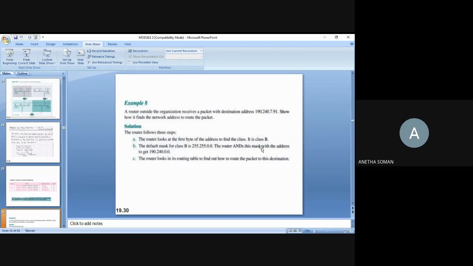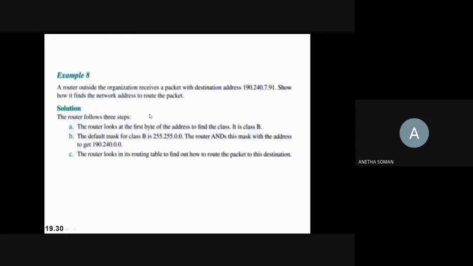I hope you can see the slides. Now see the example. A router outside the organization receives a packet with destination address 190.240.7.9. Show how it finds the network address to route the packet. You have a destination address, and you have to deliver your packet to that corresponding address.